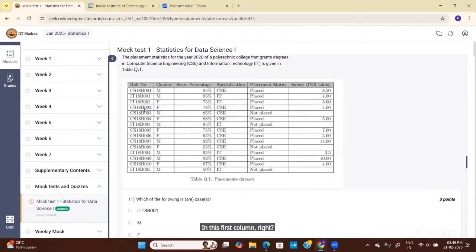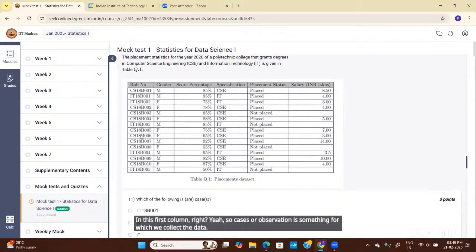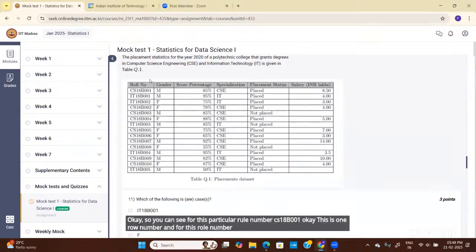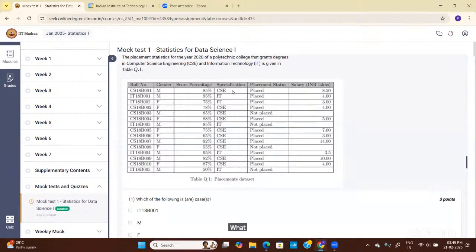Cases or observations are the things for which we collect the data. For this particular roll number, CS18B001, we have collected the data: whether this person is male or female, the score percentage, the specialization, placed or not, and salary.